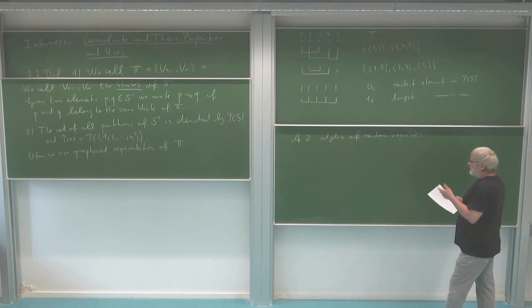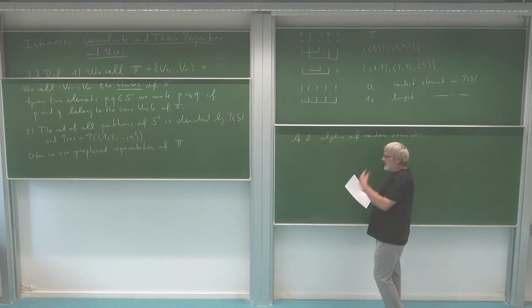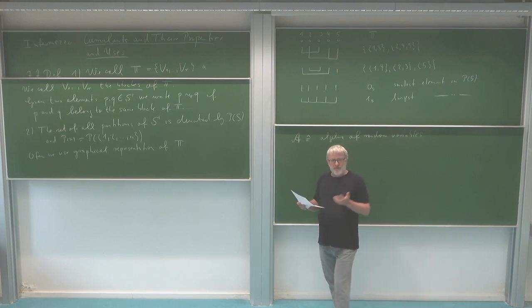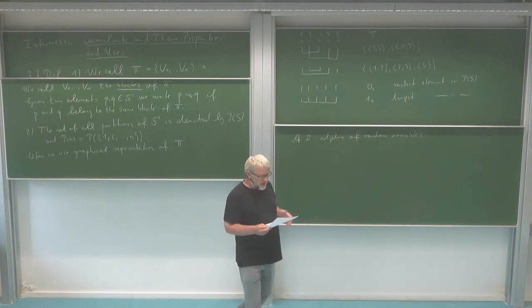And then of course on this algebra I have my expectation. I can take an expectation of sums and products of my random variables. If I take monomials, products of my random variables, those are the moments. That's the main information which I have about my objects.